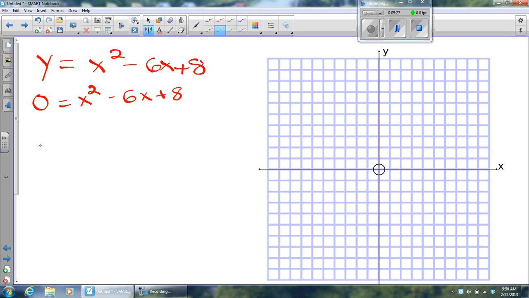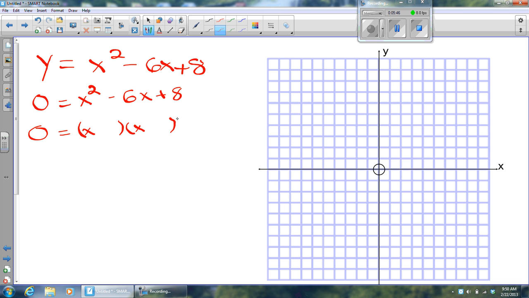And we're going to factor. So 0 equals, we have our two quantities. We know an x goes first in both, x and an x.